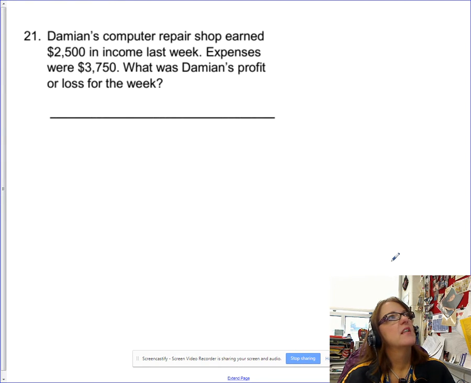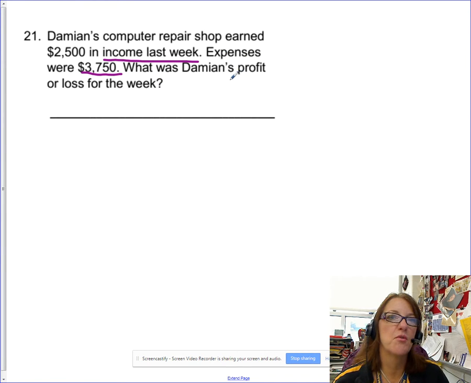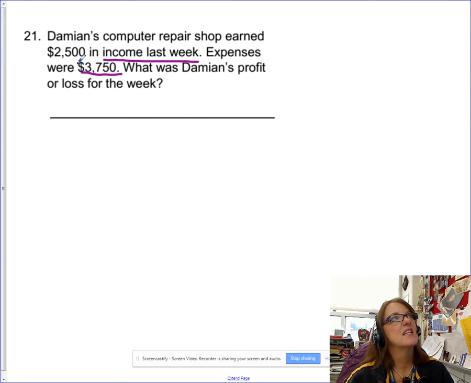21. Damien's computer repair shop earned $2,500 in income last week. That's the money he takes in. The expenses he had were $3,750. Expenses means you're paying, spending, using, which implies that this guy is negative.